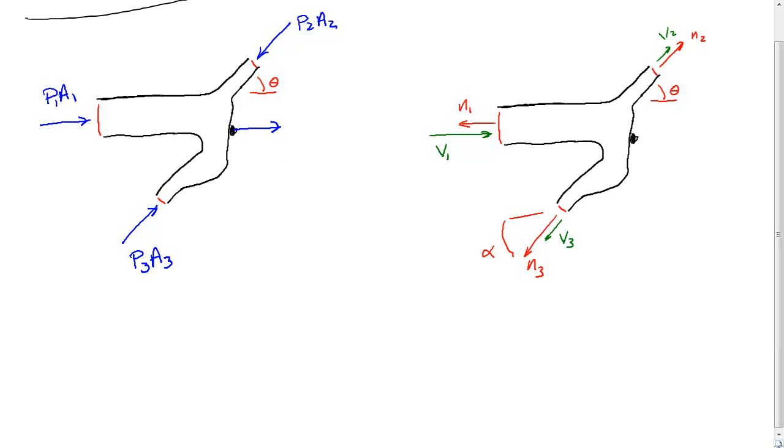And I'll go ahead and put my Fx and my Fy. Now my coordinates are going to be X and Y here. Now I better put my theta here. Here's my alpha. Okay, so I've got my drawing. The only thing I don't have is my body force, so I'll put the weight of my fluids here.